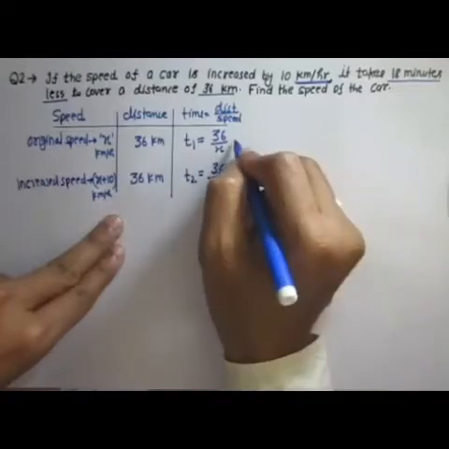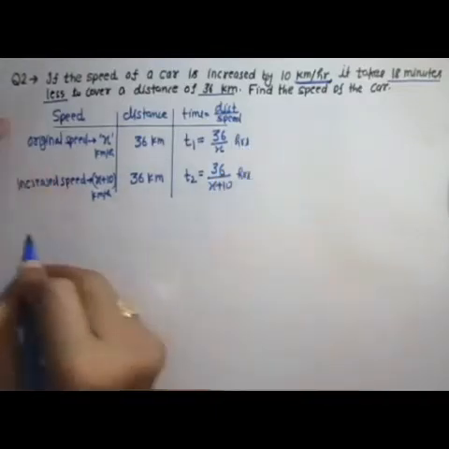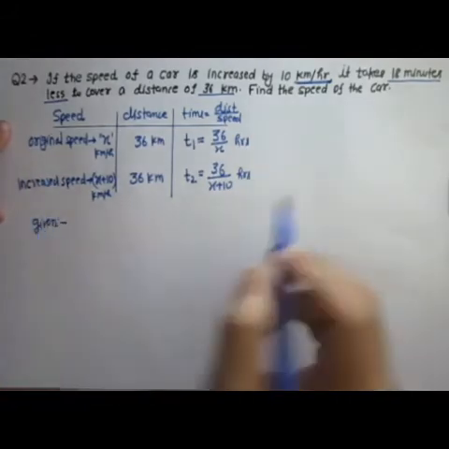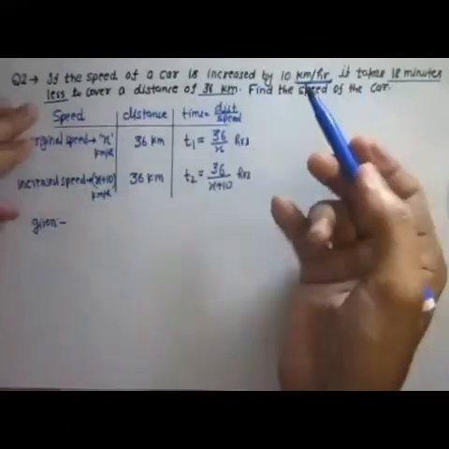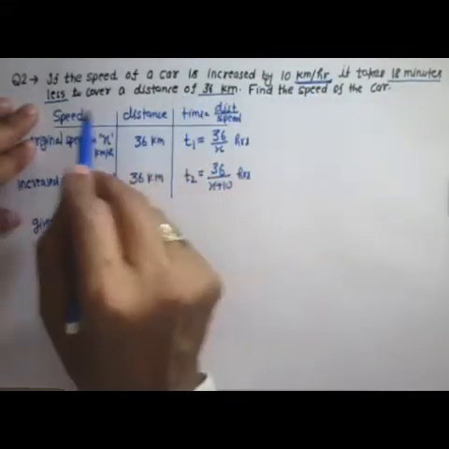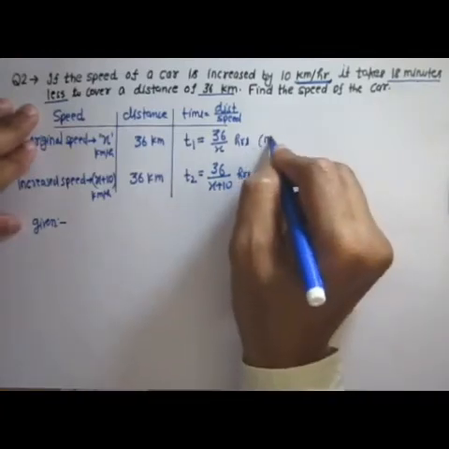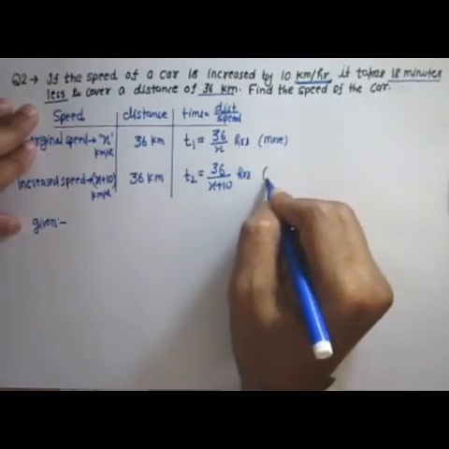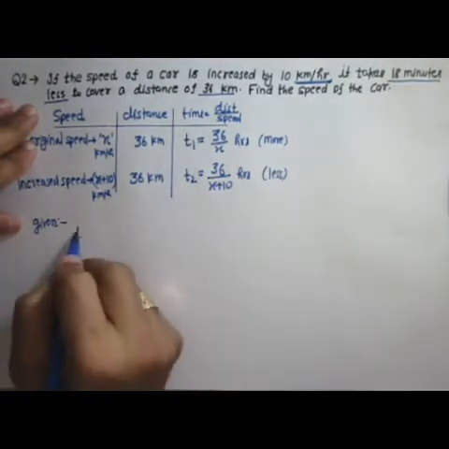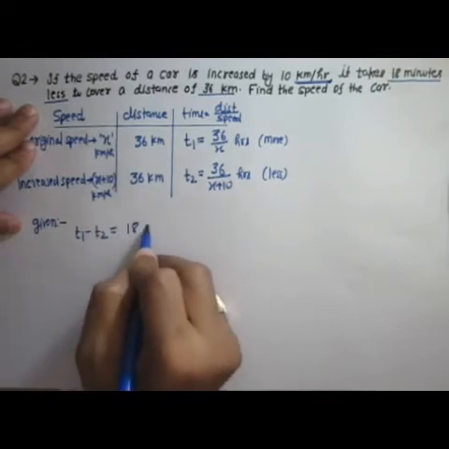Now the unit of time will be hours. Here also the unit will be hours. Now given in the question that after increasing the speed, the time taken will be 18 minutes less. It means here time taken is more, and here it is less time. Clear? So it is given that T1 minus T2 is equal to 18 minutes.